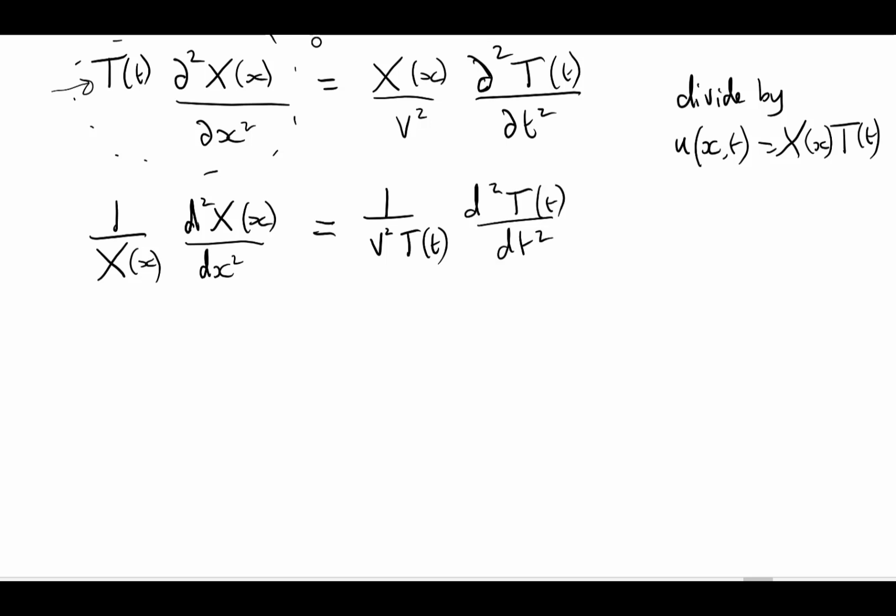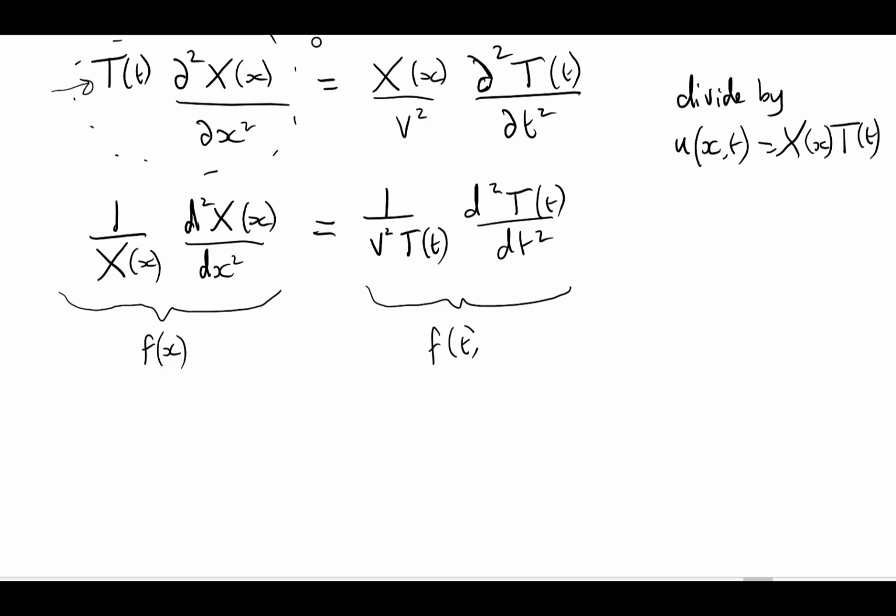Okay, so we have a simplified expression, and we're going to recognize that this left hand side in here is only a function of x. Okay, so this is only a function of x, and this right hand side in here, fortunately, is only a function of time, of t.